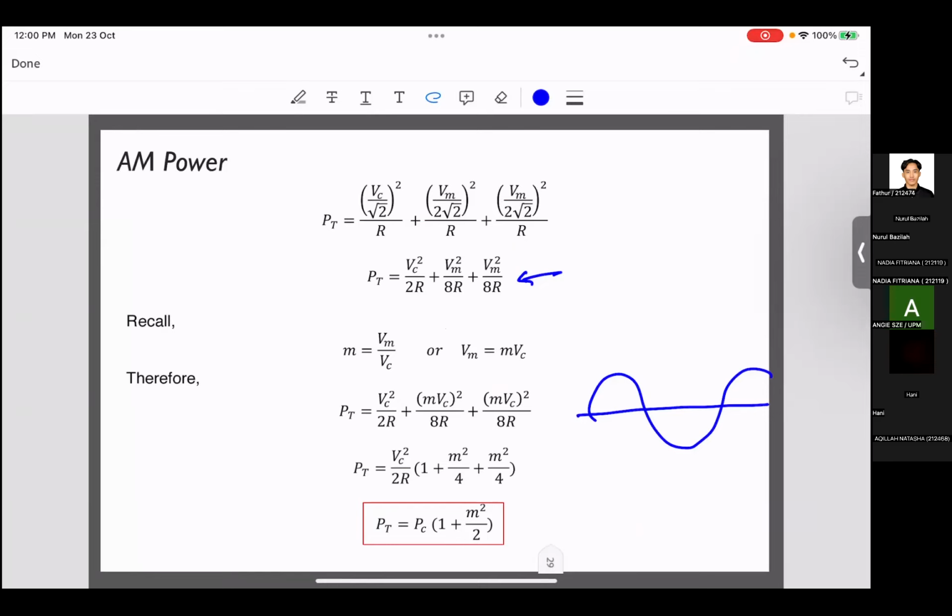It is used to approximate the average of an alternating amplitude, something that looks like a sine wave. I don't want to find out what the value is at every instant, so I'm finding the RMS. How do I find the power? I use VRMS squared over R. If you don't understand this, you can ask. Okay, so this is our equation.